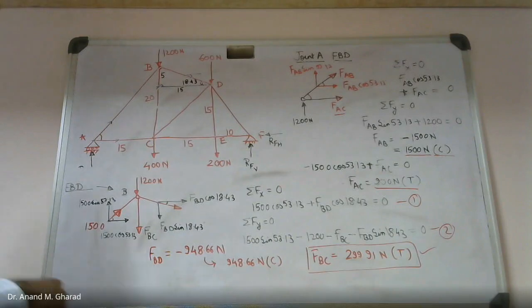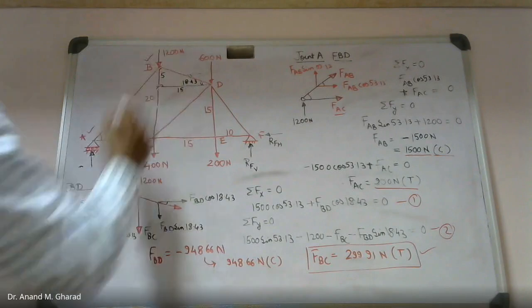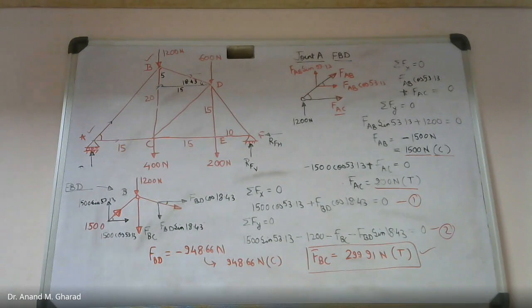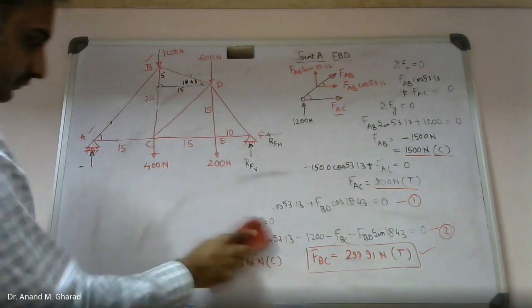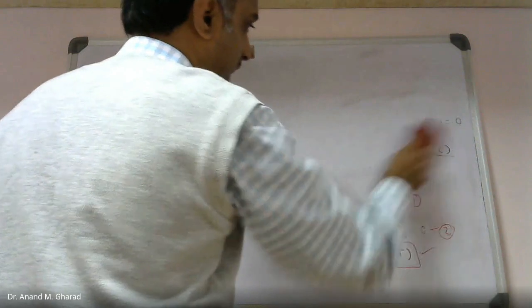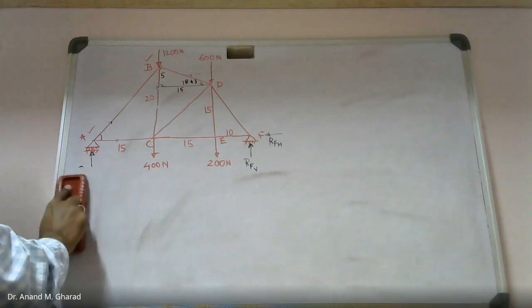Fine. So what we have done, we have identified or we have solved joint A and joint B. Next joint, which one would you like to consider? Please, anyone? Which joint would you like to consider? Please tell me fast.